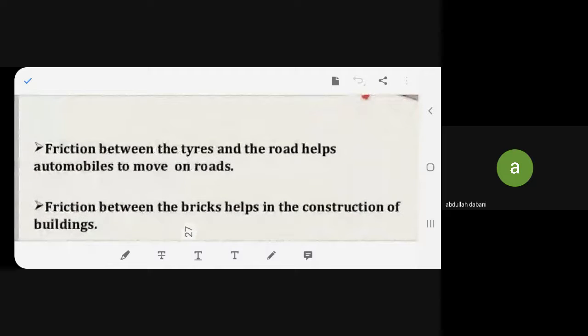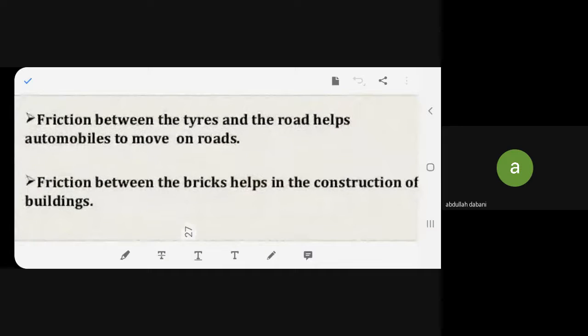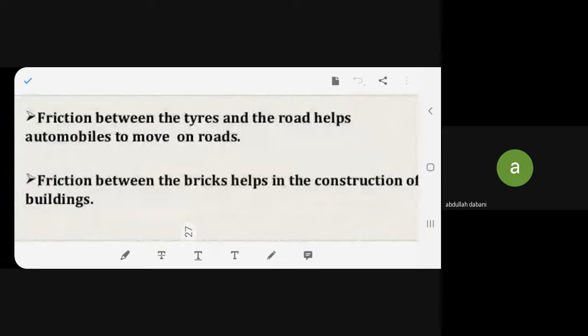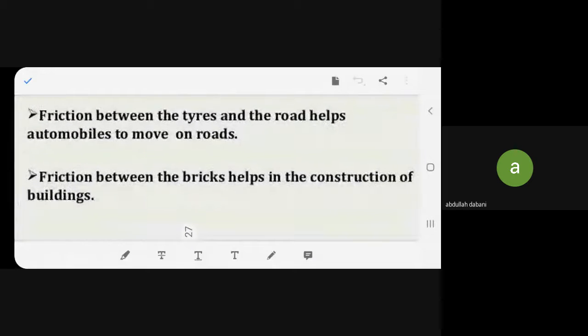Next, continue. Friction between the tires and the road helps automobiles to move on roads. Friction between the bricks helps in the construction of buildings. Where else do we find friction, beta? We find friction on the road, between the tires of the vehicle and the road.